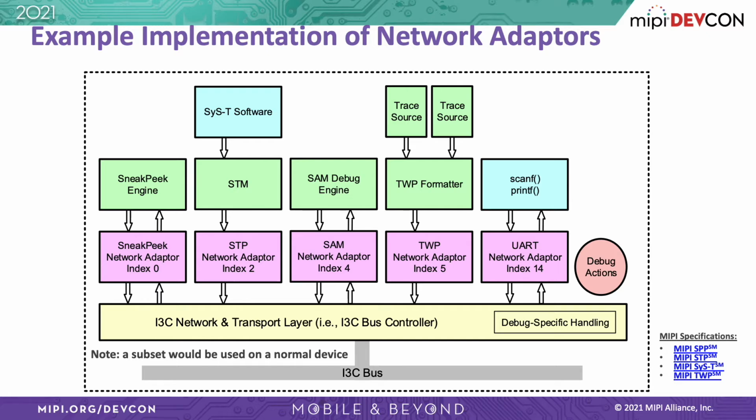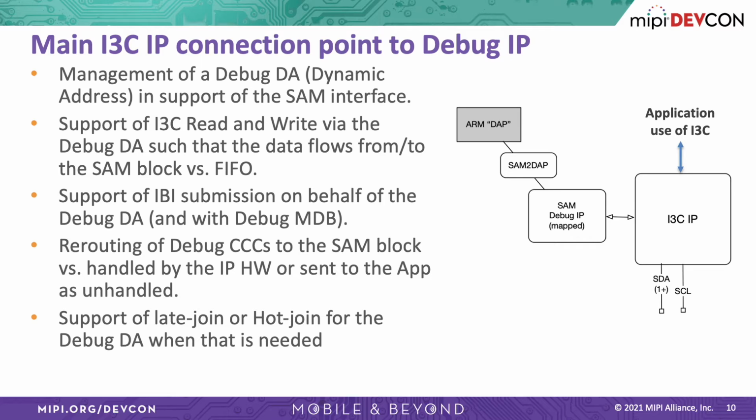This slide is showing a SAM connection, which we saw on the previous slide. The SAM would be used for lower-end devices, state machine devices, MCUs, etc. It's a simplified interface as opposed to something like SneakPeek, which would be used on an apps processor.